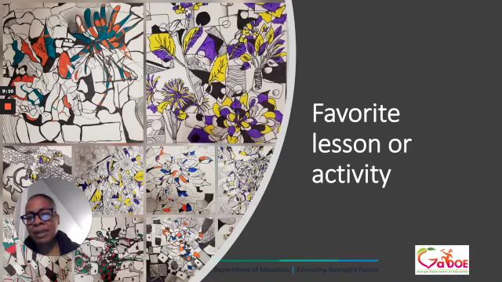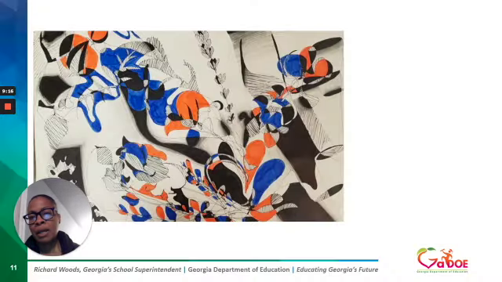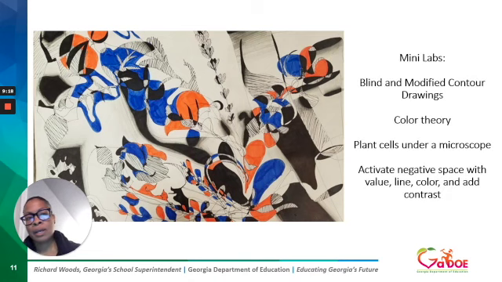So in terms of favorite lessons and activities, I'll spend a few slides talking about a couple of my favorite lessons. This lesson is one that was done in an introductory art class. So we started with different mini labs revolving around blind contour and modified contour drawings.